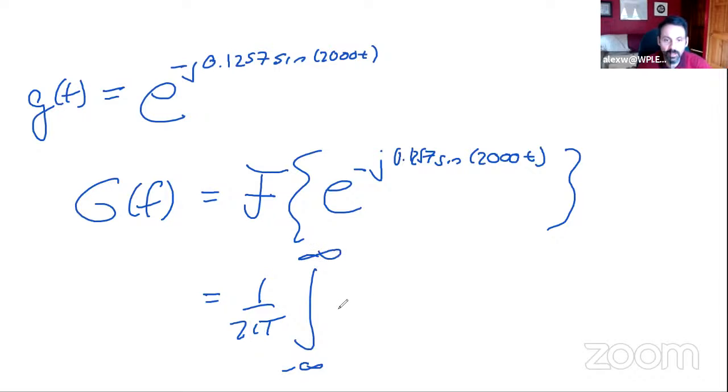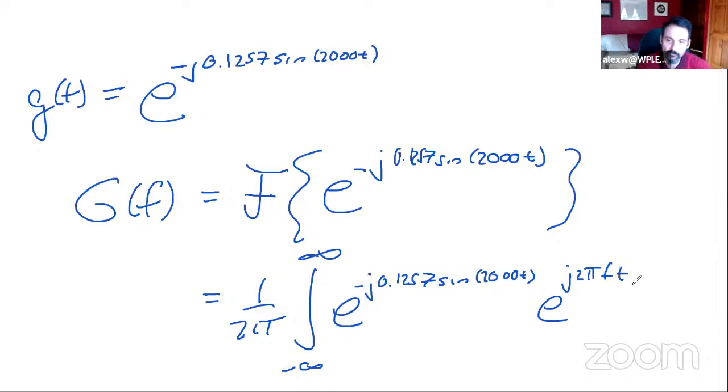And you would apply that. So this is what we're going to try and take the Fourier transform of. Okay. And then sine, bleh. And then this would be e to the j 2 pi f t, right? And then it would be dt. So you would have to integrate this thing.